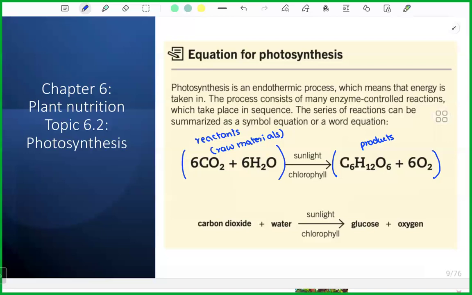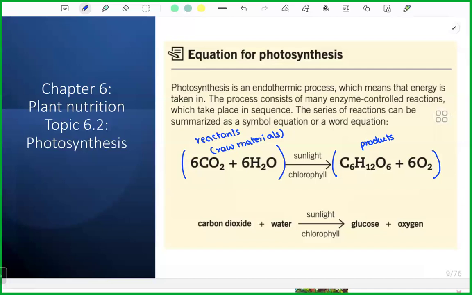Only respiration produces energy, and photosynthesis is an endothermic reaction where energy is taken in. It involves a lot of enzyme-controlled reactions, and they are serial, meaning they happen in sequential processes, or in series.